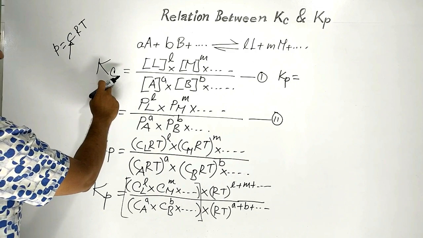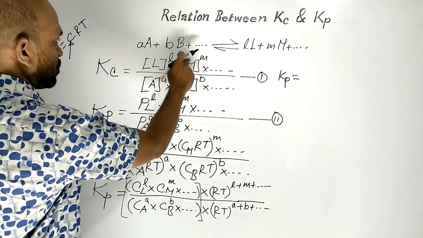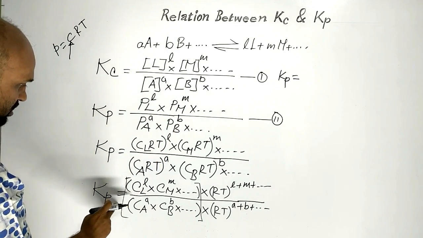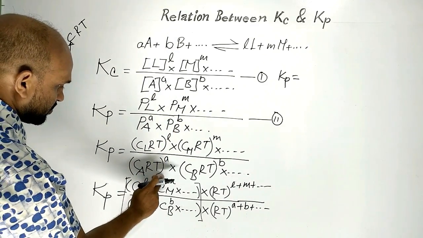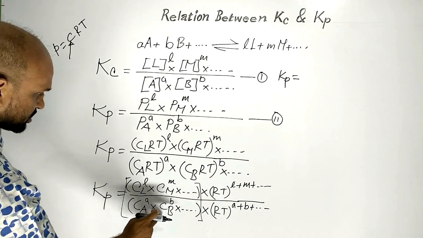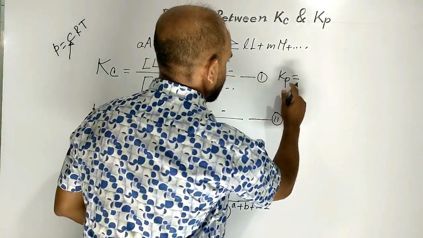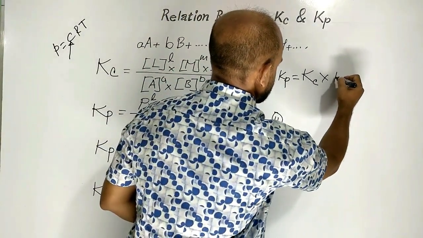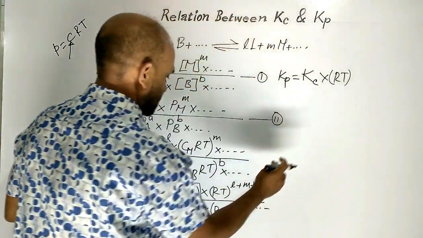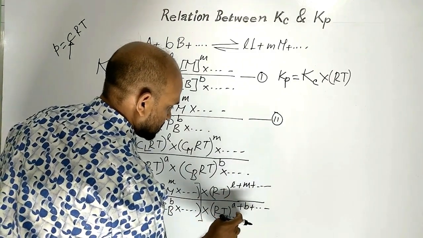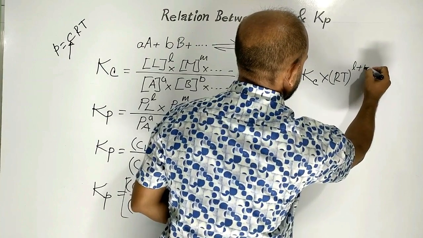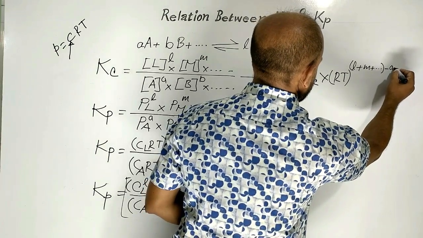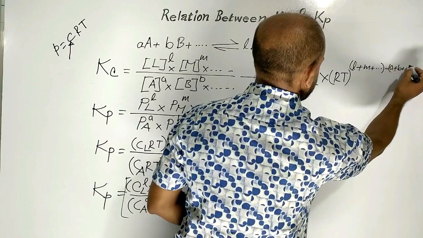We know Kc is equal to concentration of L into concentration of M divided by concentration of A into concentration of B. So we can write Kp is equal to Kc into RT to the power, this power minus this power, l plus m plus and so on, minus a plus b plus and so on.